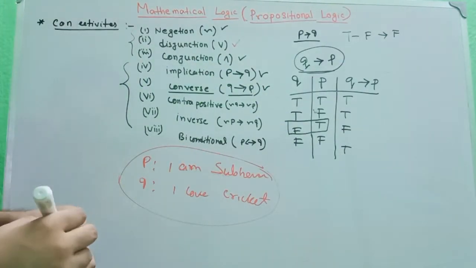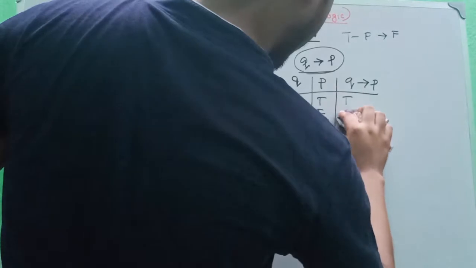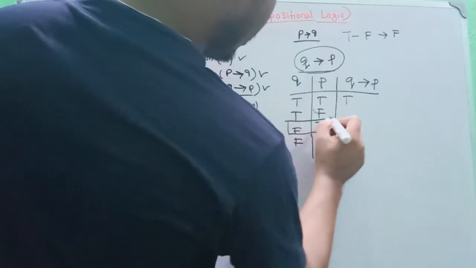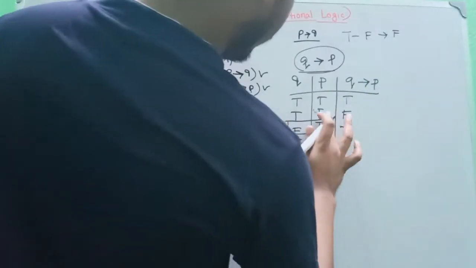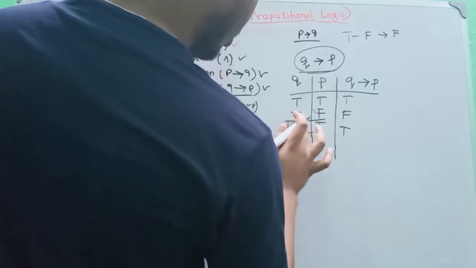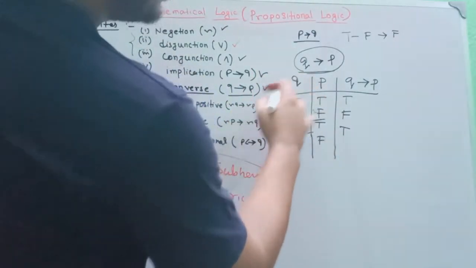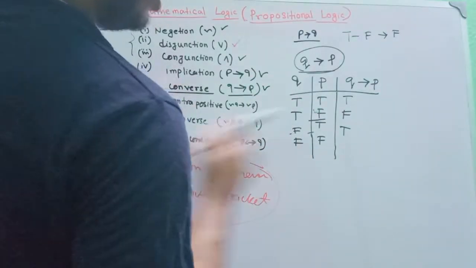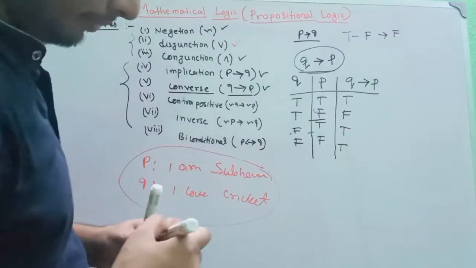Oh, sorry. No. Here false, here true, just because I write Q first. If I write P first, then the previous table occurs.